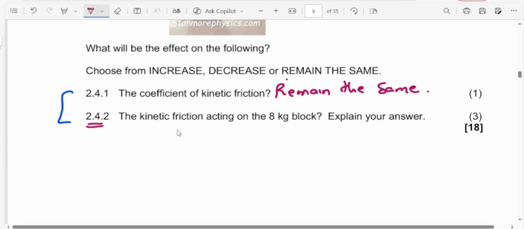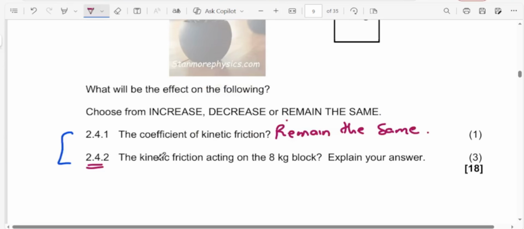So now, if we check this, let's go back and see what is going on, because now we are talking about the kinetic friction. First, how do you calculate the kinetic friction? We know that the formula for Fk is the coefficient of kinetic friction times the normal force.